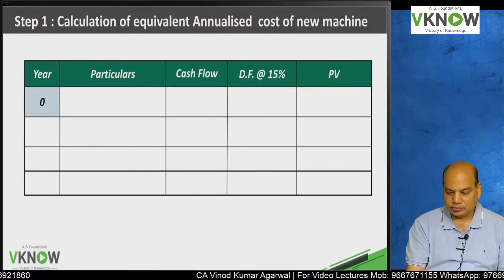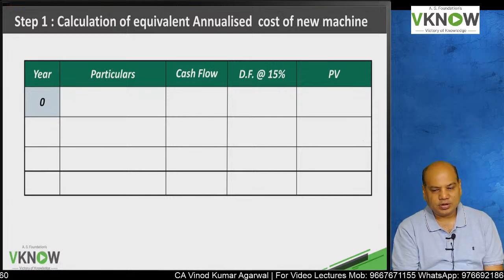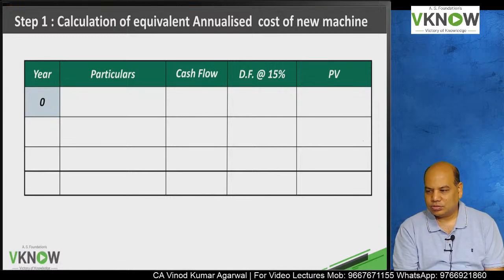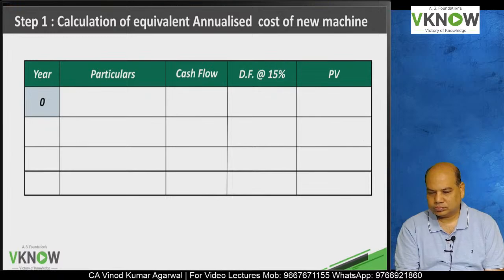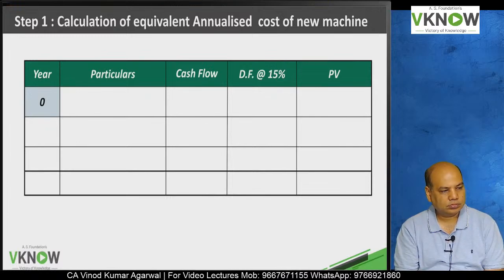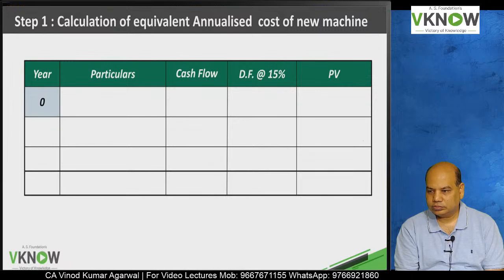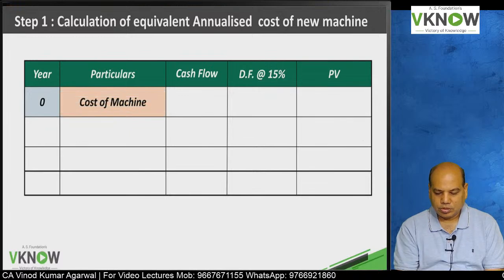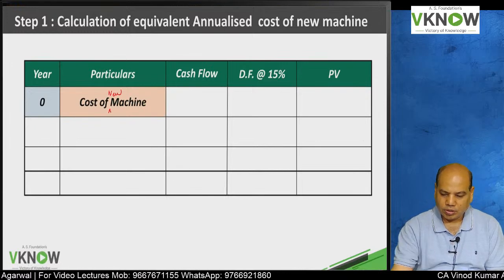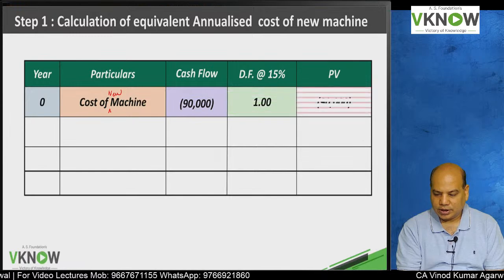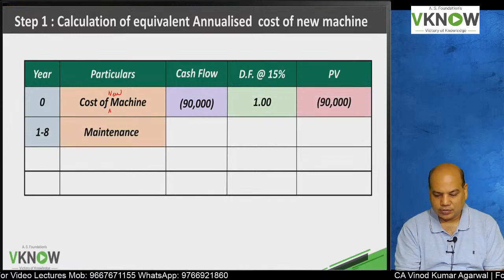Format is the same: year, particulars, cash flow, discounting factor at 15% and present value. Year 0, cost of new machine 90,000, present value 90,000.